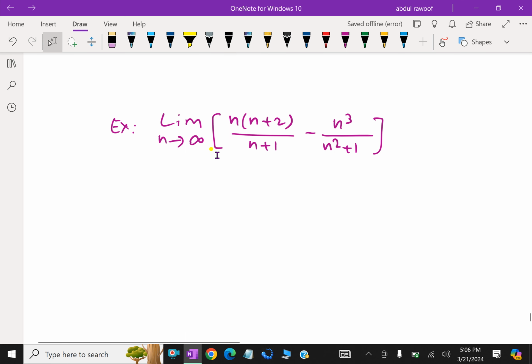Here the limit of n into (n plus 2) over (n plus 1) minus n cube over (n square plus 1).